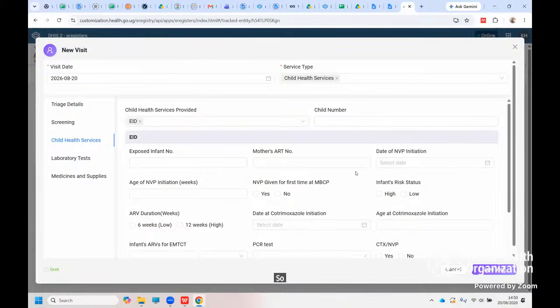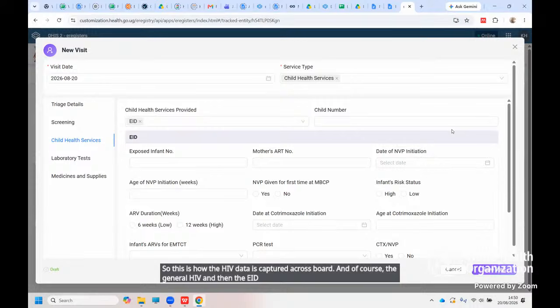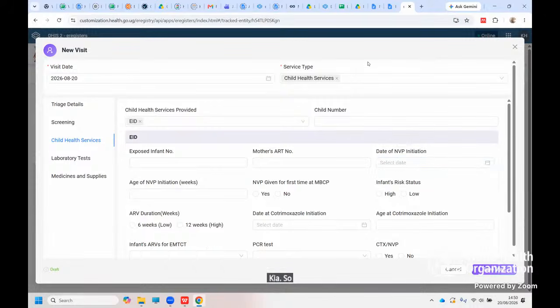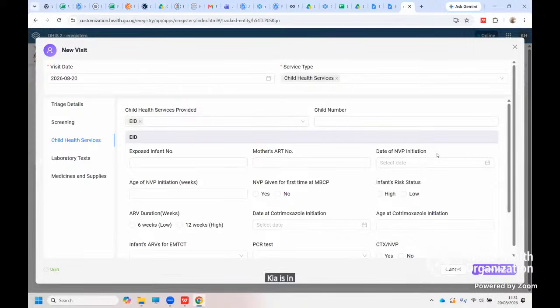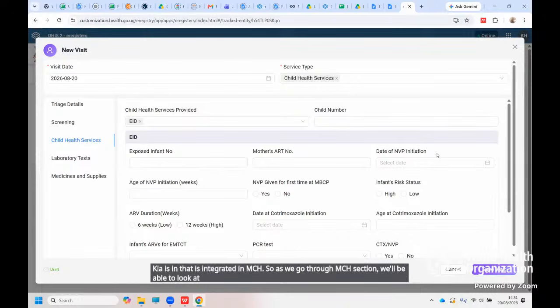So this is how the HIV data is captured across board, the general HIV and then the EID care. The other part of EMTCT will be covered under MCH, because those other services, the HIV care, are integrated in MCH. As we go through the MCH section, we'll look at the testing and enrollment into care under those services.